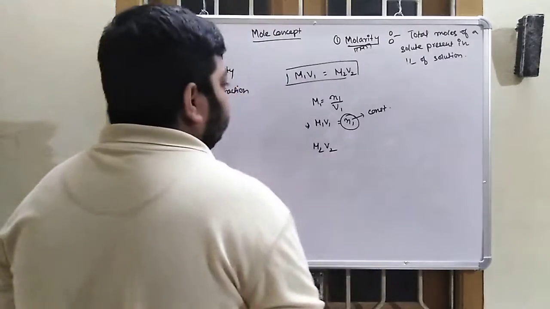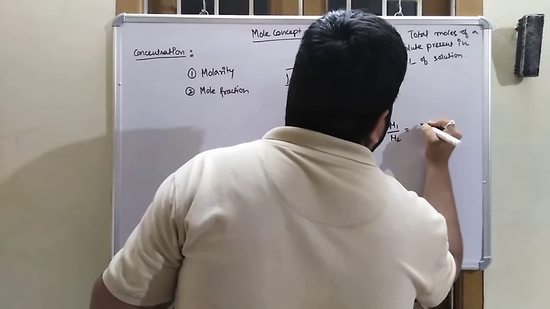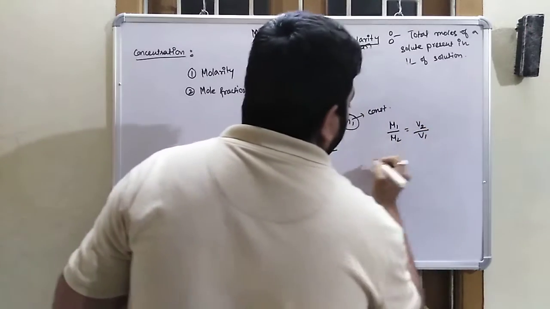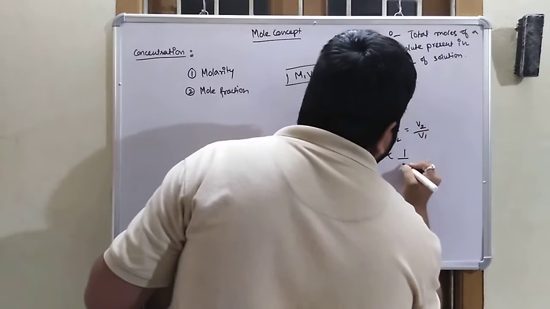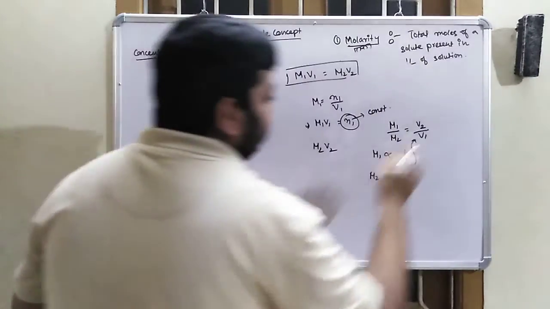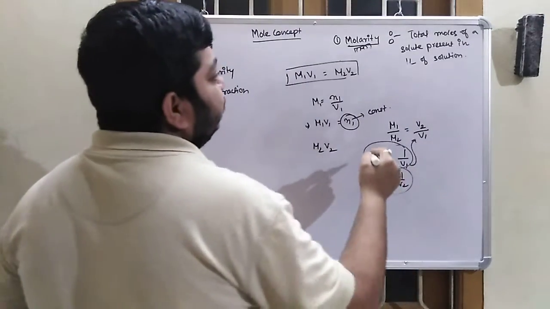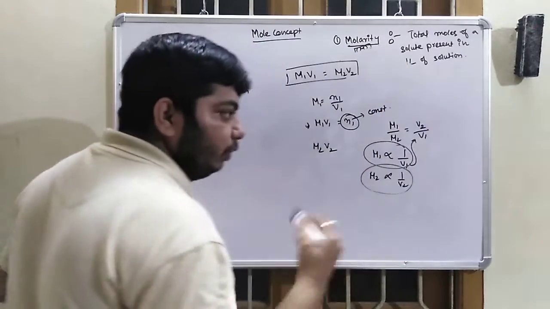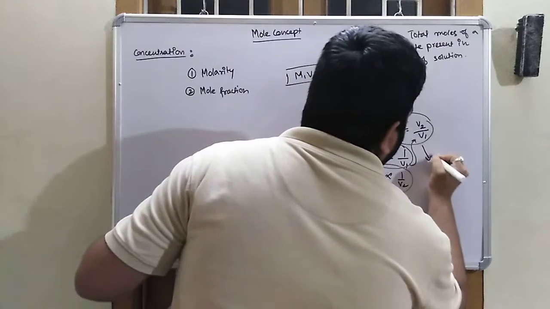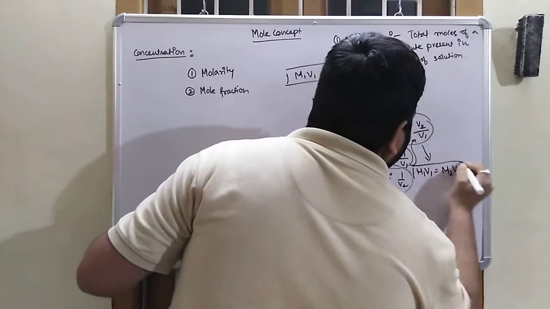What I am trying to say is M1 by M2 is equal to V2 by V1. Why? Because M1 is inversely proportional to V1 and M2 is inversely proportional to V2. We have arrived at this equation from the definition of molarity, and thus M1V1 equals M2V2.